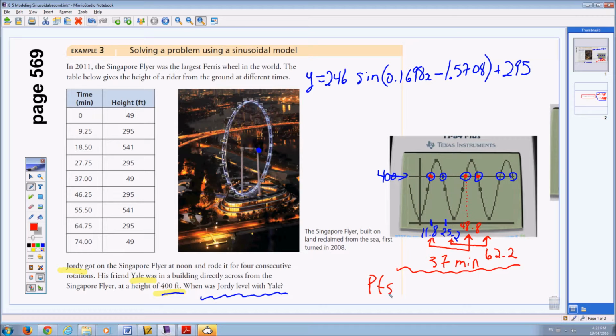And the way we would write that then is picking the first one, 11.8, so the first time he's on his upward trip on the Ferris wheel, and all of the times that he's on his upward piece of the Ferris wheel ride are going to be every 37 minutes after. And then the second part, when he's on his way down, pick the first time he's on his way down, and then plus the 37 each time.